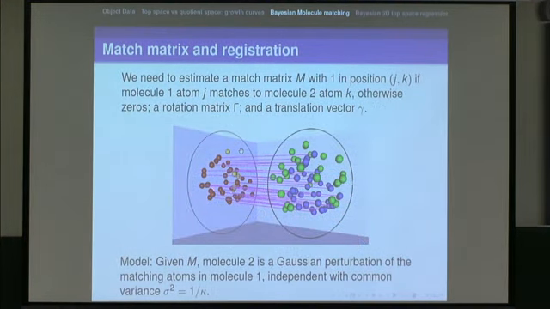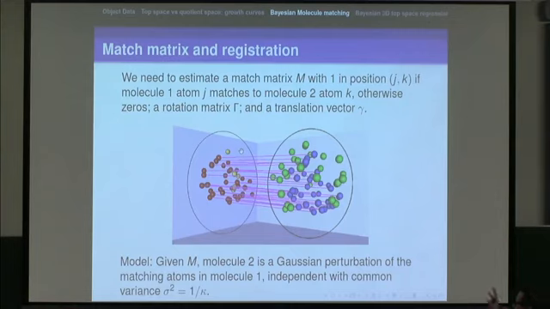So this boils down to a molecule being represented by points, which are atoms on either the protein or molecule, and then you've got a set of points in the other one, and you want to be able to say which of the points correspond. So that is the task with molecule matching.